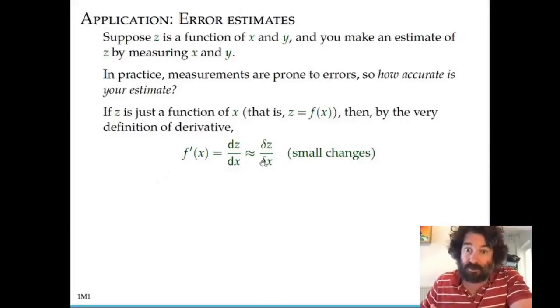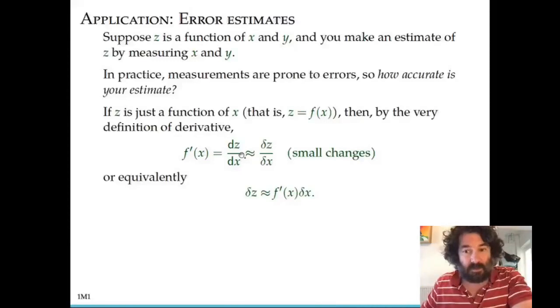If you divide through by delta z, the change in z due to a small change in x is the change in x times the derivative of z with respect to x. In fact, when you take the limit as delta x goes to 0, this second equality here becomes exact, not just an approximation. And so this is the same linear approximation we discussed in the previous video.